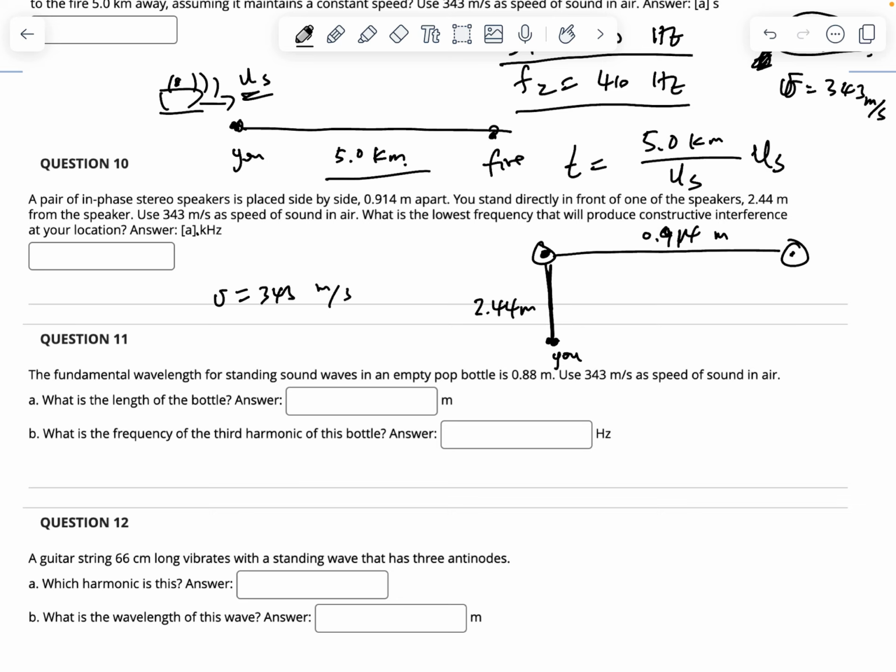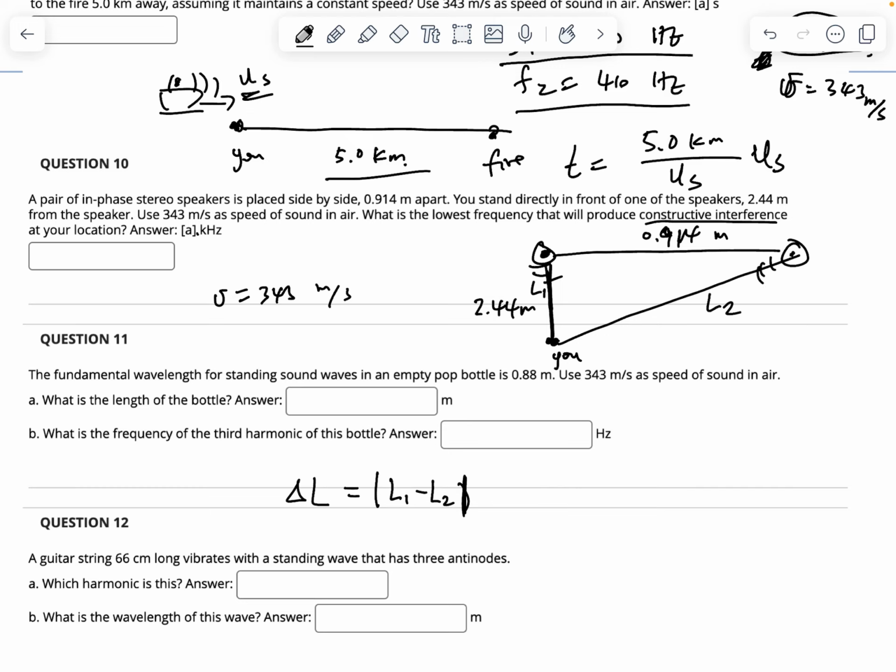As the speed of sound in air, what is the lowest frequency that will produce constructive interference at your location? All right. So what's the condition for the constructive interference? So if the path length difference, okay, so delta L. Okay, so this is L1, this is L2, path length, right? Because this guy sends out a sound wave, this guy sends out a sound wave.